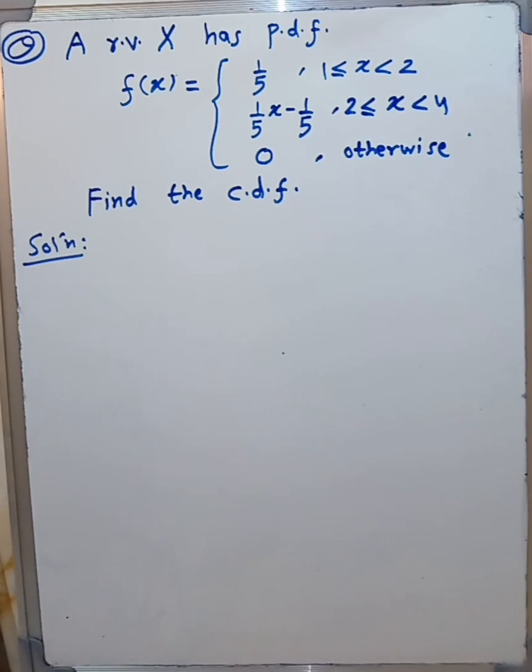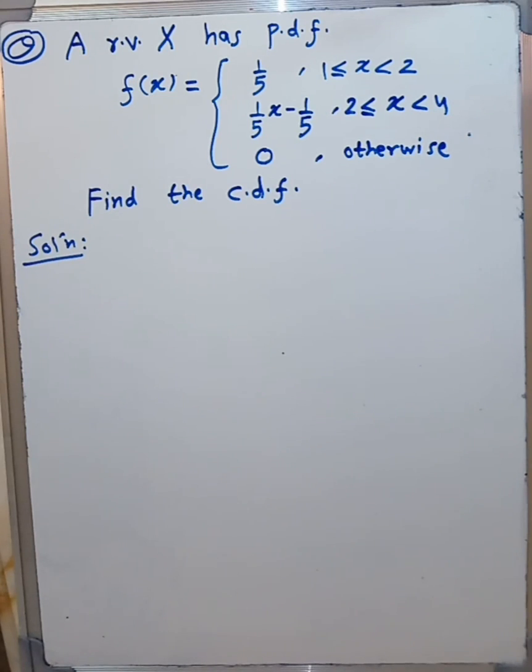Now when we are finding the CDF, we will consider 4 pieces and one by one we will work on each piece. The first piece will be what happens when x is less than 1.